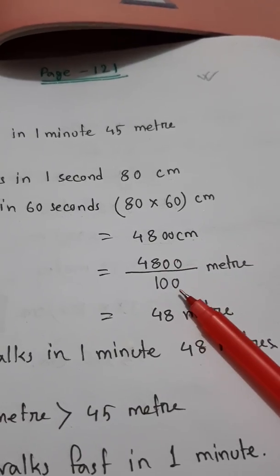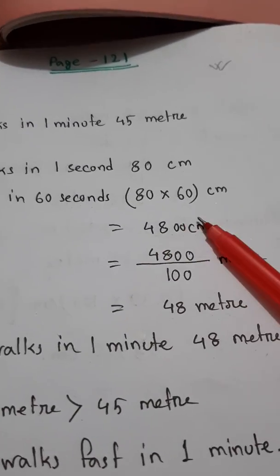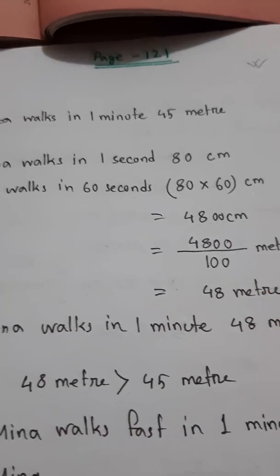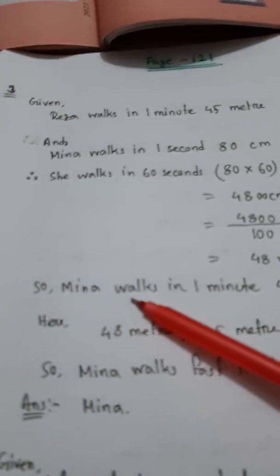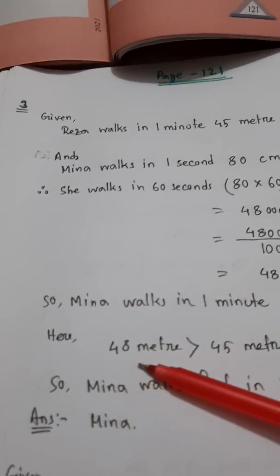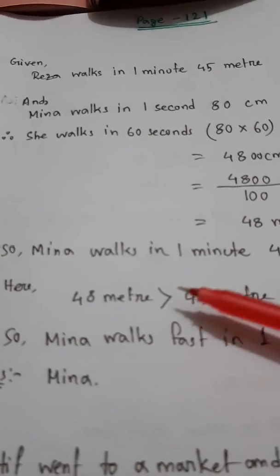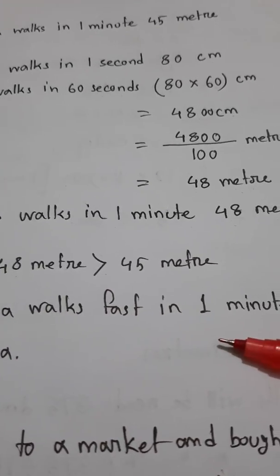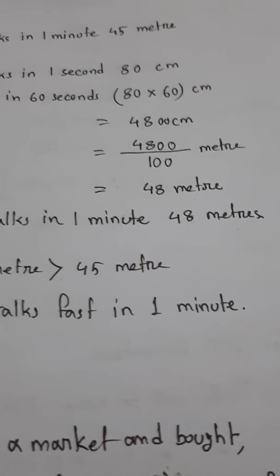We divide by 100 to convert to meters, giving 48 meters. So Mina walks 48 meters in a minute, which is greater than 45 meters. So Mina walks faster.